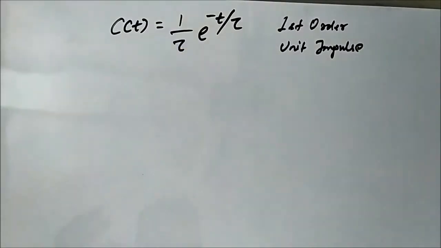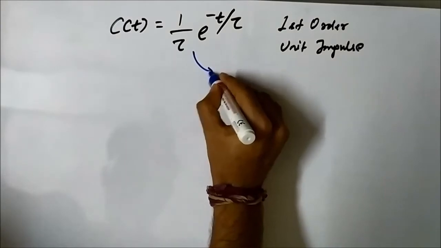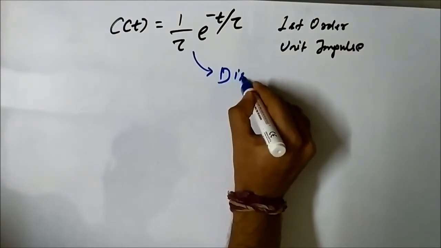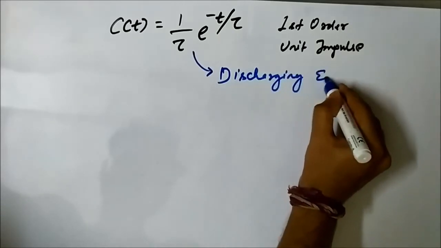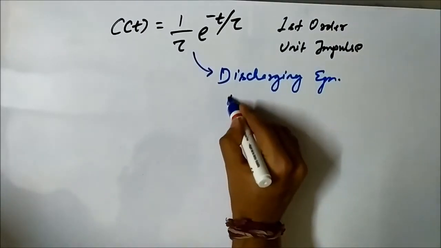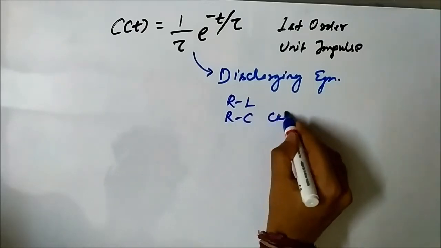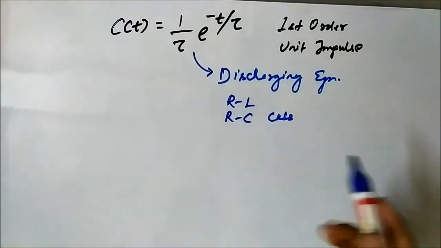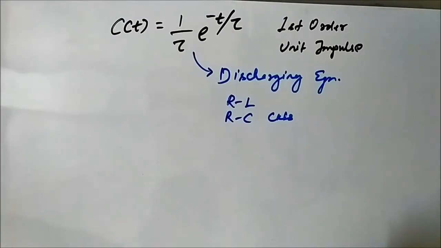If we study this output response, we will find that it closely resembles the discharging equation in RL and RC circuits in transient analysis. Okay, the discharging of inductor current and the capacitor voltage.